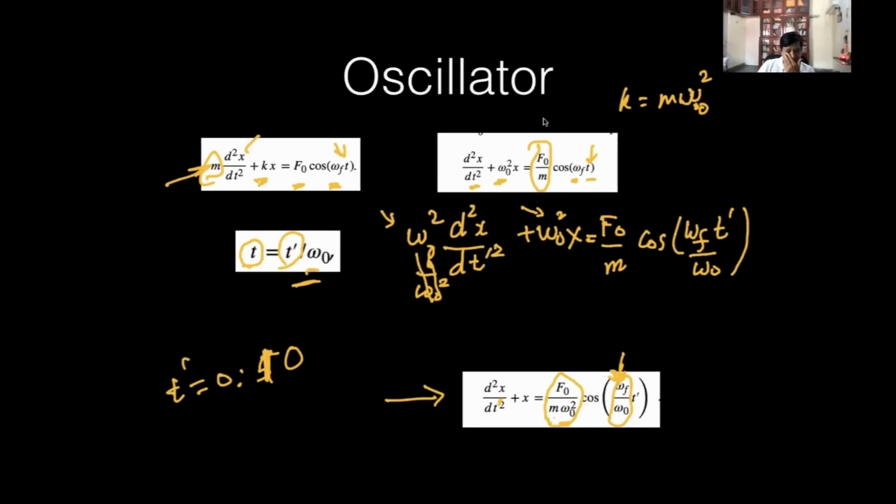But can we still reduce this from 2 parameters to 1 parameter? What should I do to reduce it to 1 parameter? Any ways to do it? I still have one more way to reduce it.